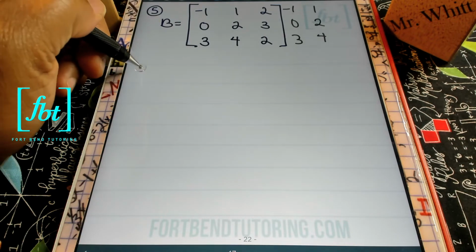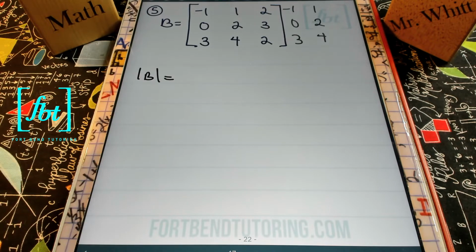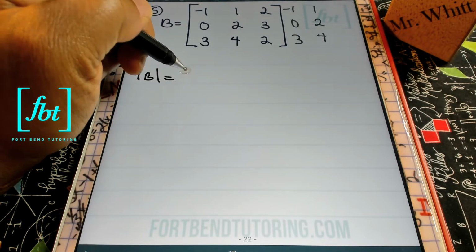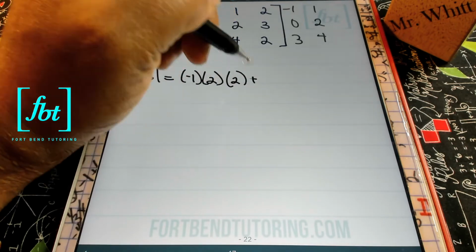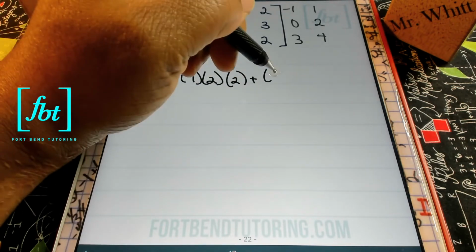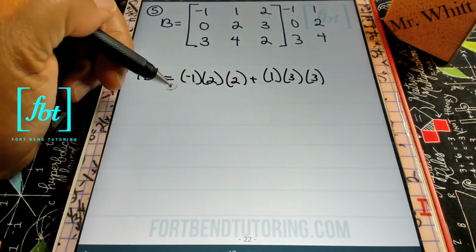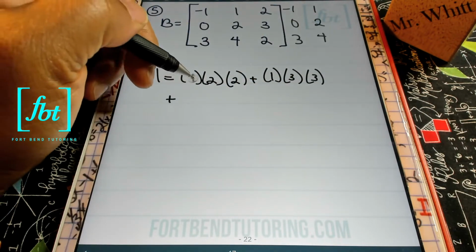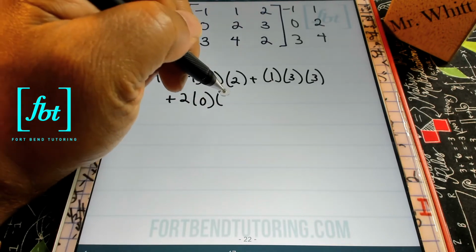So in order to find the determinant of B, we're going to then multiply -1 times 2 times 2 plus the product 1 times 3 times 3 plus the product of 2 times 0 times 4.